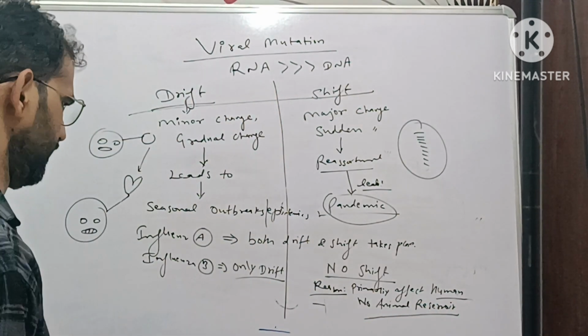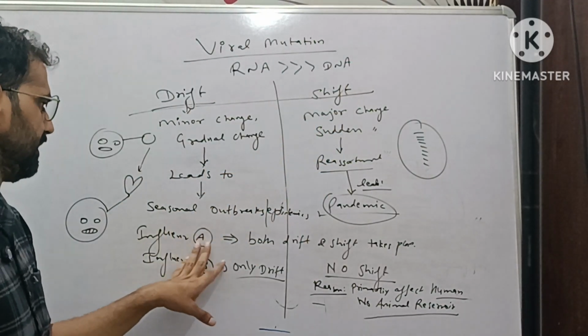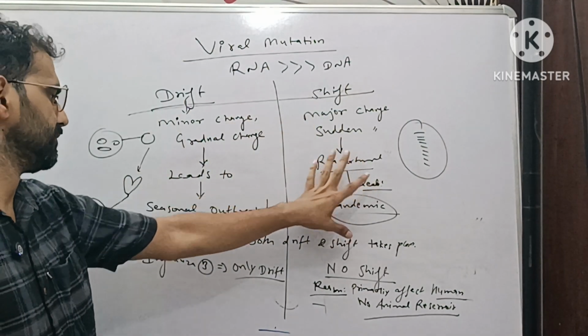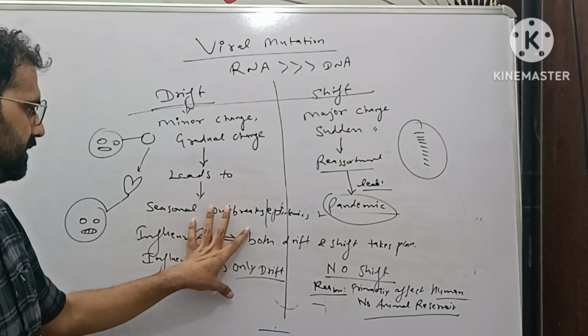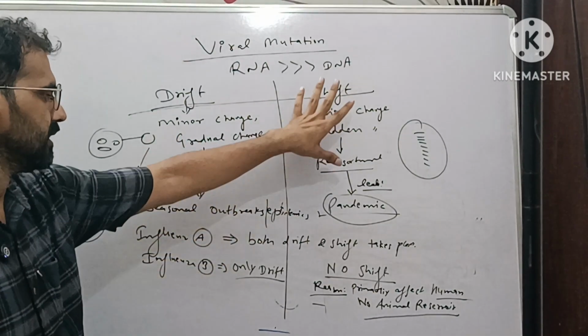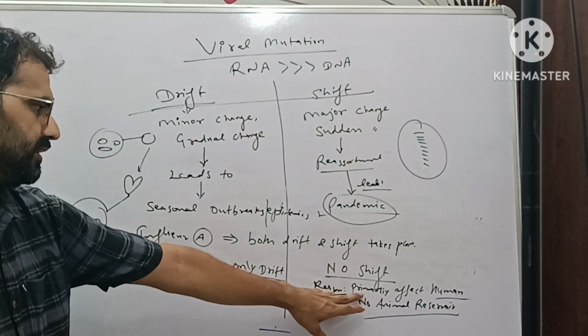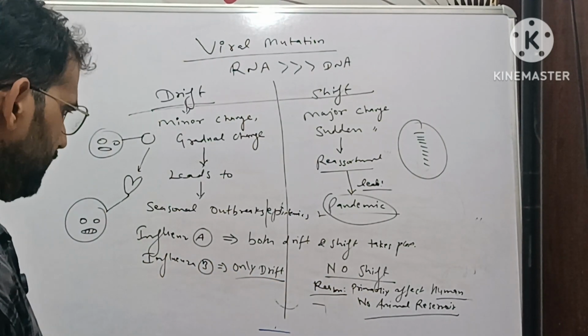So both processes take place in influenza type A, whether it is drift or shift. Type B has only drift, only seasonal outbreaks, but no shift because it primarily affects humans and there are no animal reservoirs.